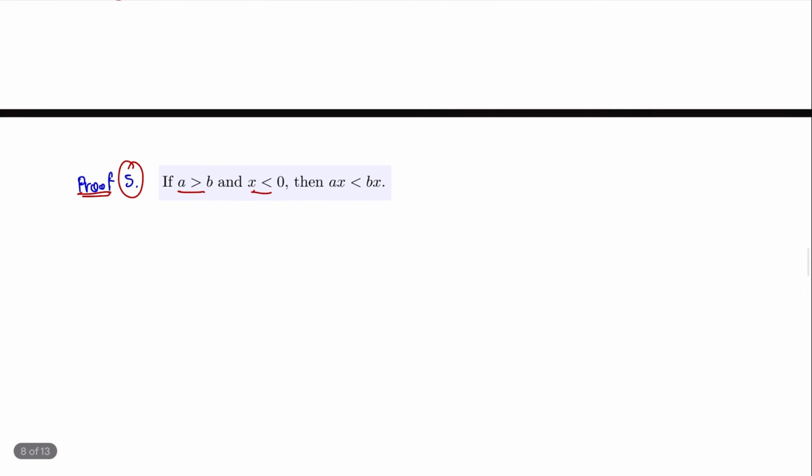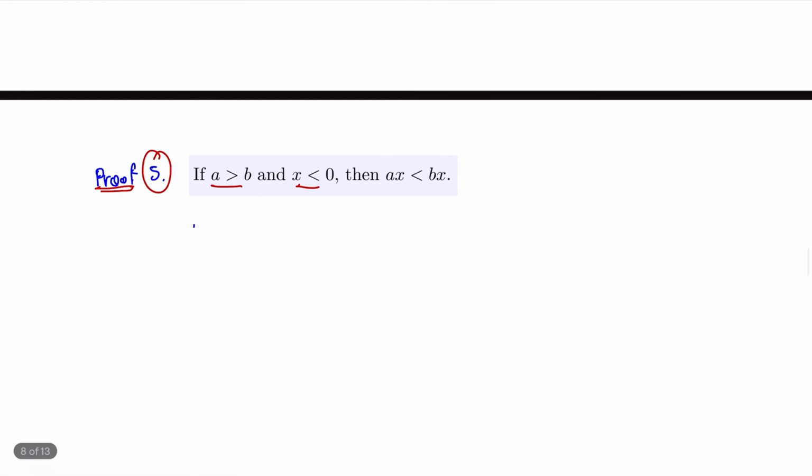Let's assume that a is greater than b and x is less than 0. Okay? So what do we have? By definition, we have a greater than b and x less than 0.